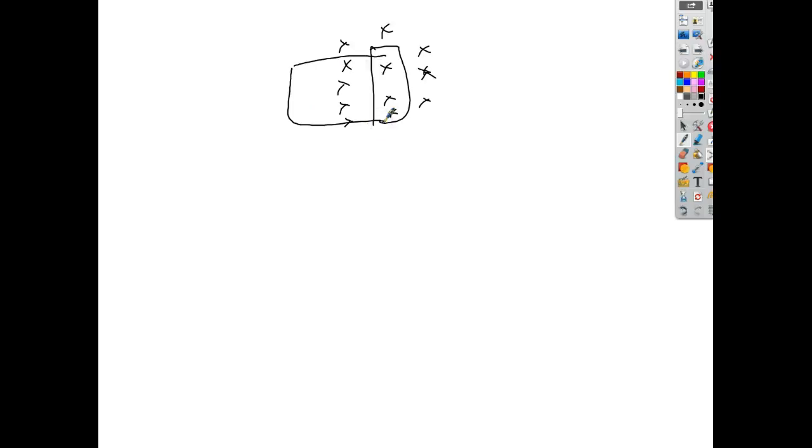If I take a U-shaped wire and start sliding the bar this way, what's going to happen? I get current, right? Because I'm shrinking my loop. Look familiar?